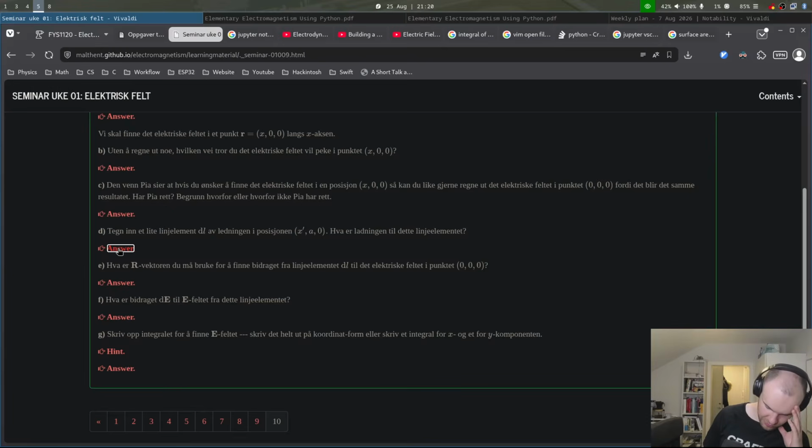So if I have q, and it's uniformly charged, a small line element dl. What is the charge of this line segment? Isn't it just q divided by dl? Isn't that it?